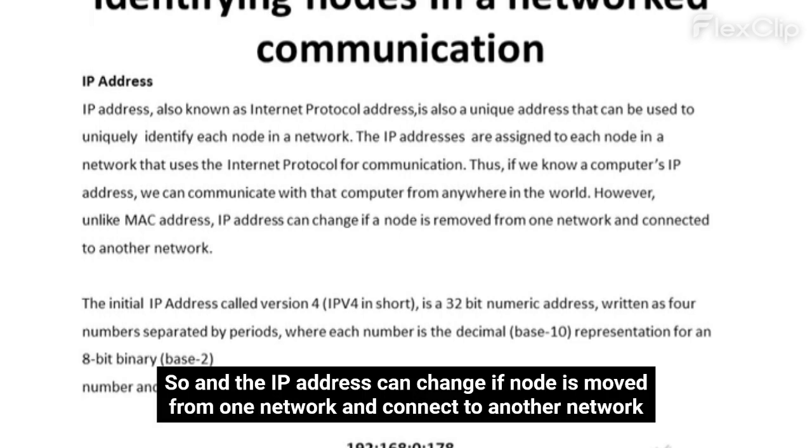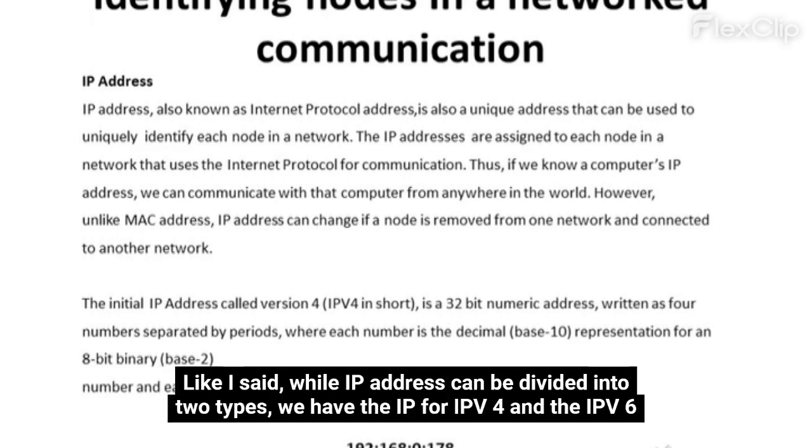An IP address can change if a node is moved from one network and connected to another network, like I said. IP addresses can be divided into two types: IPv4 and IPv6.